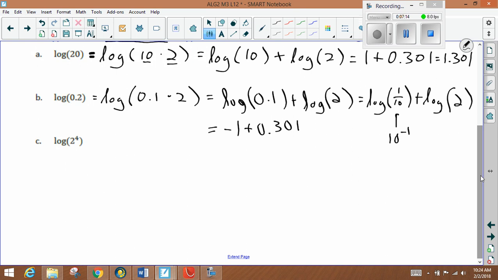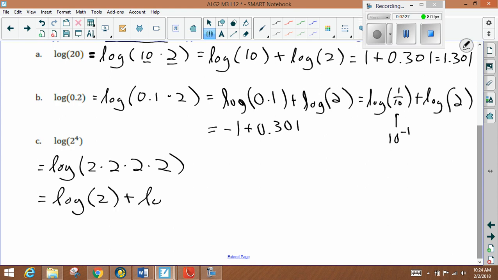So then this one we can say is the same thing as log base 10 of 2 times 2 times 2 times 2, which is log base 10 of 2 plus log base 10 of 2 plus log base 10 of 2 plus log base 10 of 2.